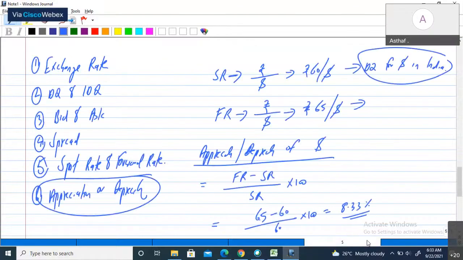See here, dollar is the only direct quote. Rupee is an indirect quote. Step number one: convert this indirect quote into direct quote.